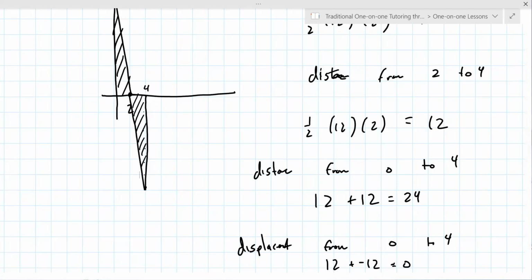So for the distance from 2 to 4, when you're writing it down, could I write 1/2 times 12 or times -12 times 2, and then the final answer would just be positive? Yeah.